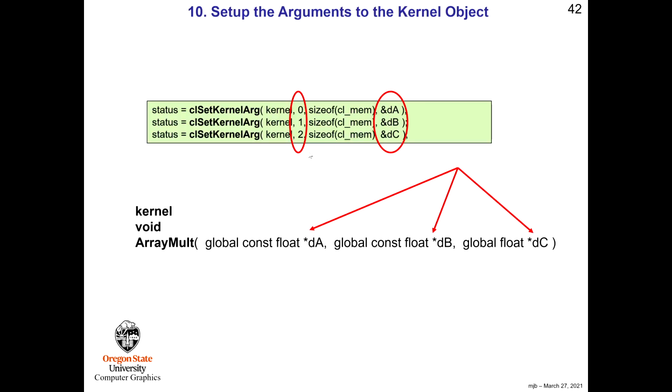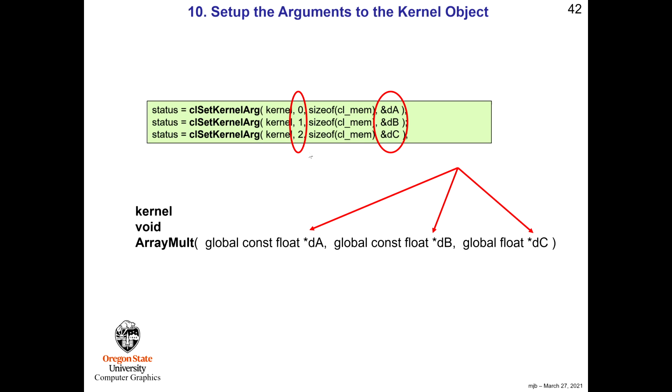You also have to set up the arguments. This is one of the things I like about CUDA, is because CUDA has the C program and your shader or your OpenCL or your GPU code right there. They know about each other. And so it knows how to make the function call into your GPU call because it can see it. Here you can't.